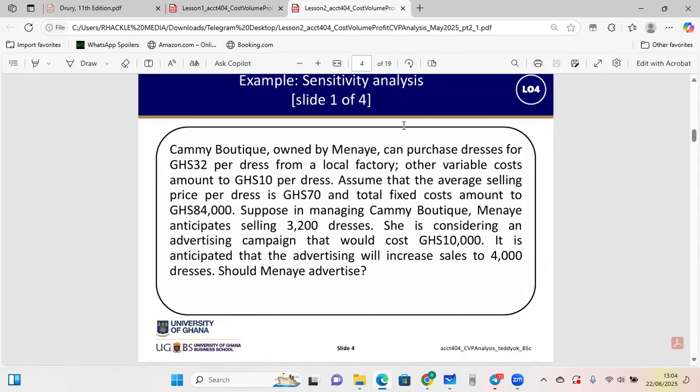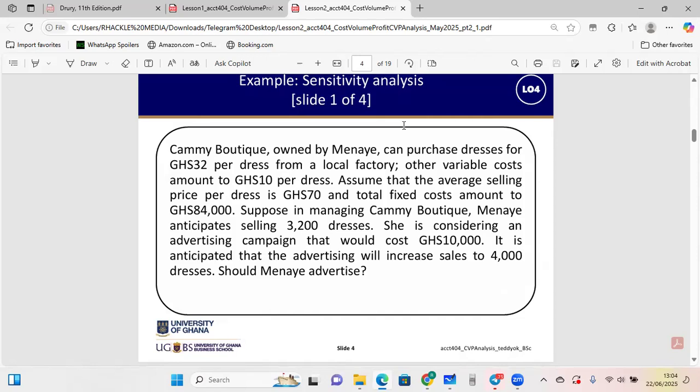So basically, what we are just trying to do here is help Minaye take a decision based on this advertising. So we are going to look for the profit before advertisement and then after advertisement.